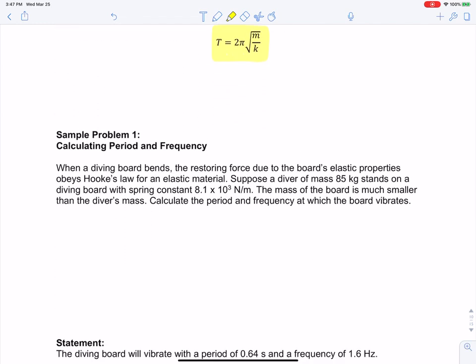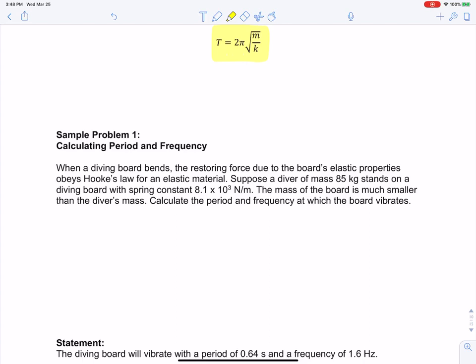When a diving board bends, the restoring force due to the board's elastic properties obeys Hooke's law for an elastic material. Suppose a diver of mass 85 kilograms stands on a diving board with spring constant 8.1 times 10 to the power of 3 newtons per meter. The mass of the board is much smaller than the diver's mass, so we can ignore it. Calculate the period and frequency at which the board vibrates.